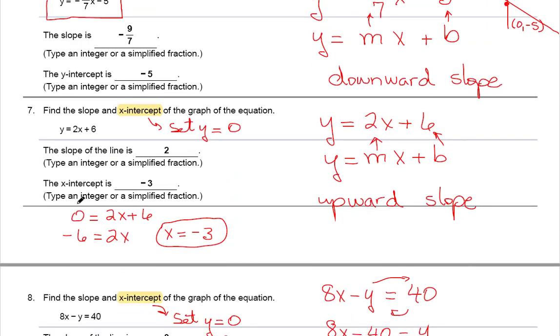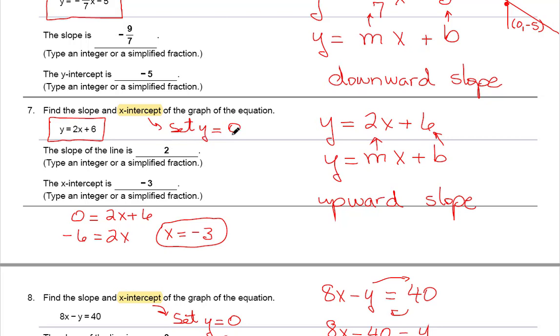Let's see, what about question 7 here? Question 7 says find the slope and the x-intercept. So you might be tempted to say, oh, slope is 2, y-intercept is 6. Well, that's not what they wanted. They wanted the slope, yes, but they wanted to know where is the x-intercept.